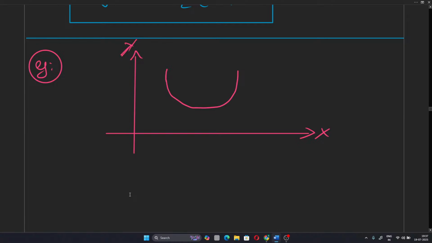Does it continuously increase? No, it does not continuously increase. Continuously decrease? No, it does not continuously decrease. First increases, then decreases? No. First decreases, then increases? Correct. It first decreases, then increases.